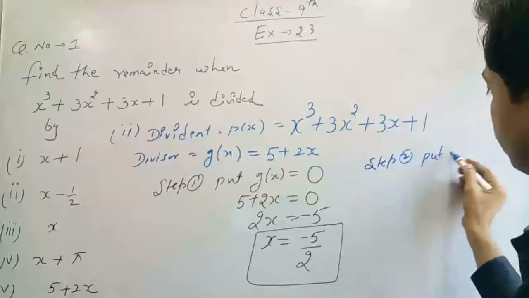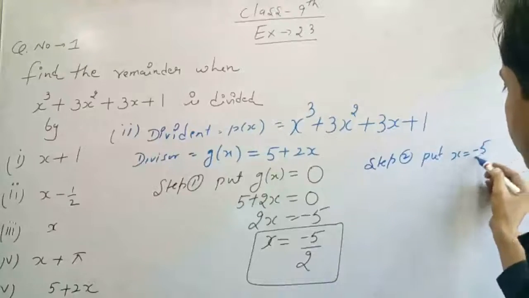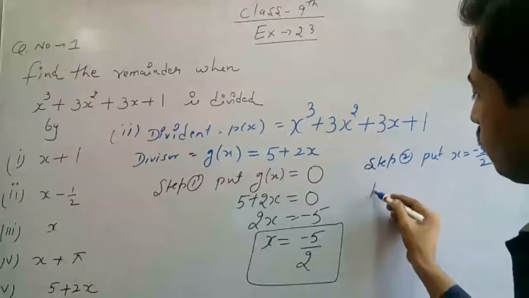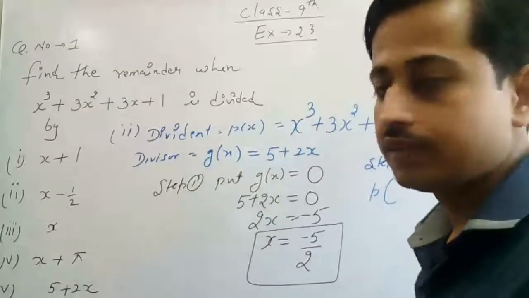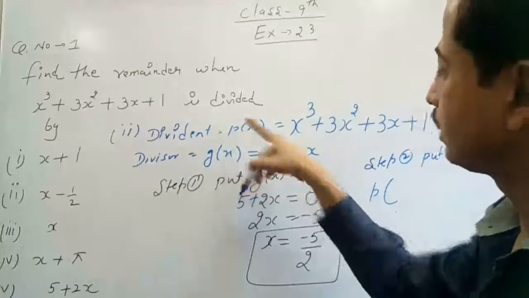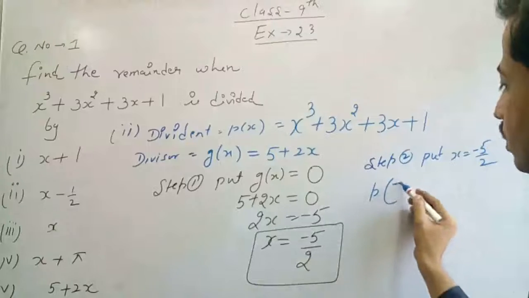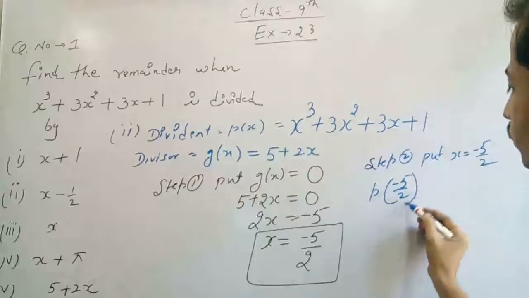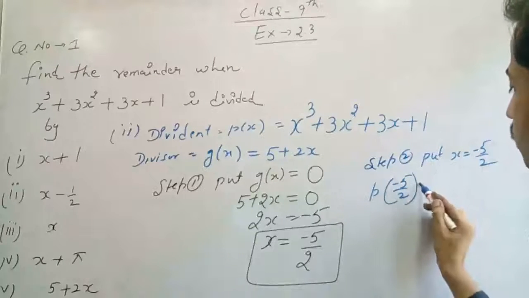Put x equal to minus 5 by 2 in what? In our dividend polynomial, p. What is x? Minus 5 by 2. Now solve this.